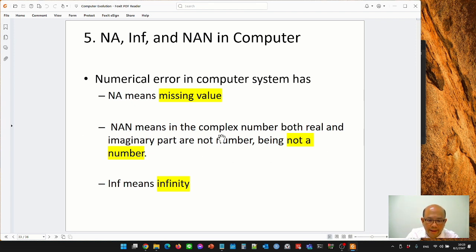And NAN is not a number: for example, with complex and real numbers in imaginary parts, when you calculate, sometimes it generates not a number as an error. And infinity is generated when you do multiplication or subtraction over the range.